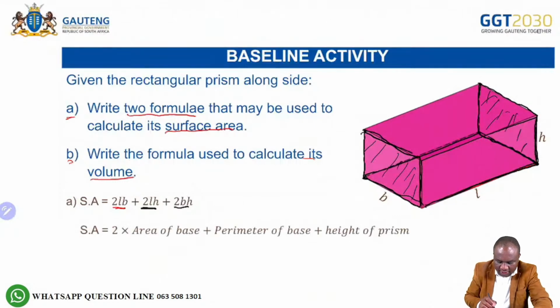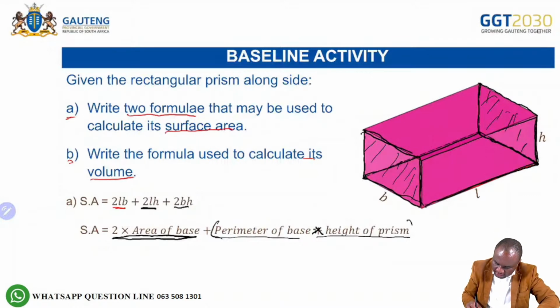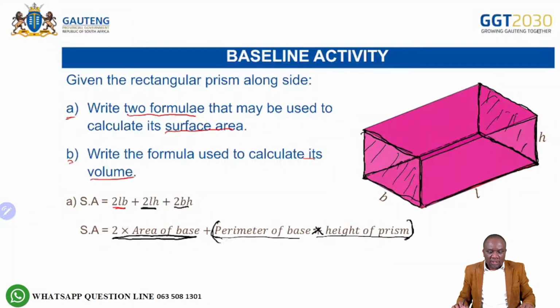So the formula is 2 times the area of the bases, plus the perimeter of the base times the height of the prism. Let's correct this mistake here. Right, so this will give you the surface area of the rectangular prism.